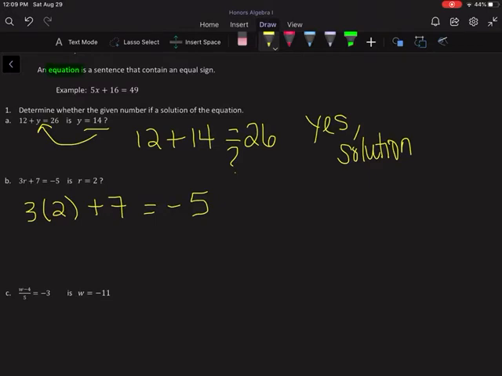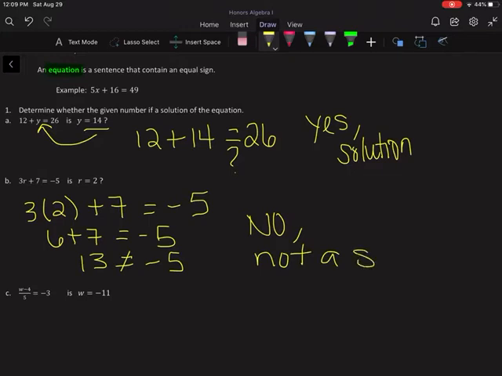Automatically, I can already see that no, it's not a solution because the left side is all positive. That's 6 plus 7 equals negative 5. And 6 plus 7 is 13. And 13 does not equal negative 5. So no, not a solution.